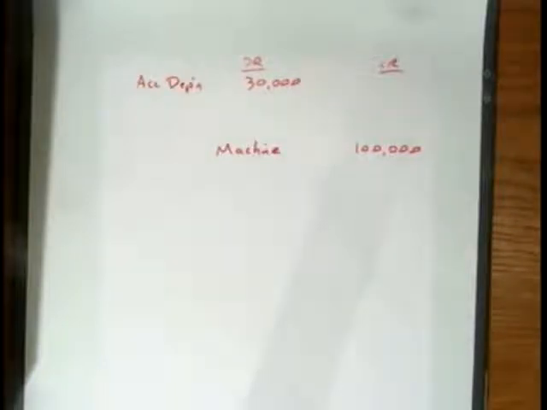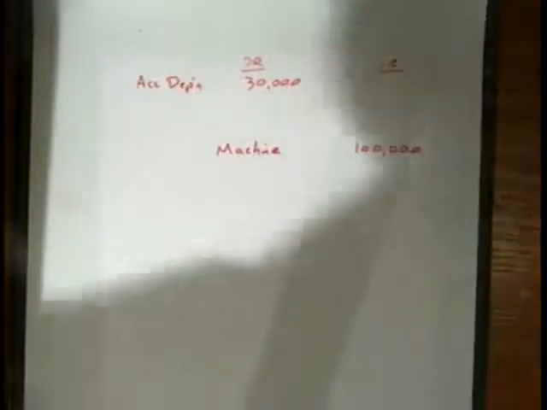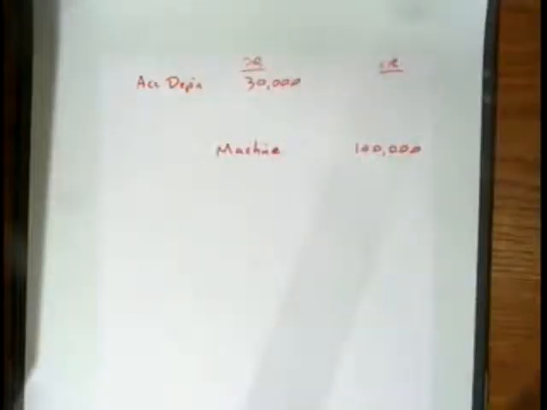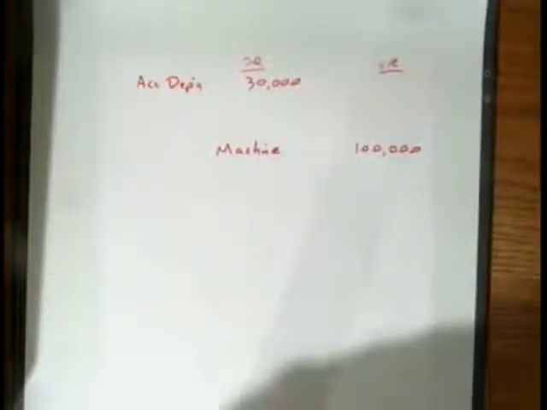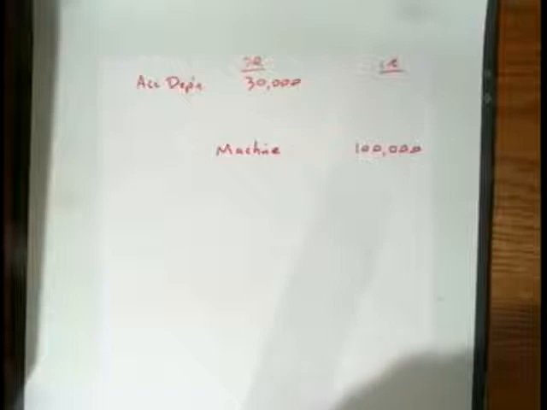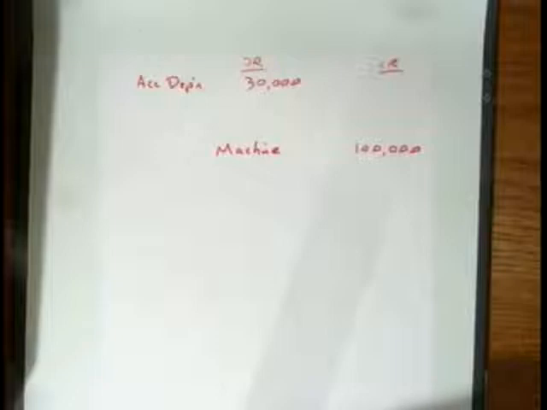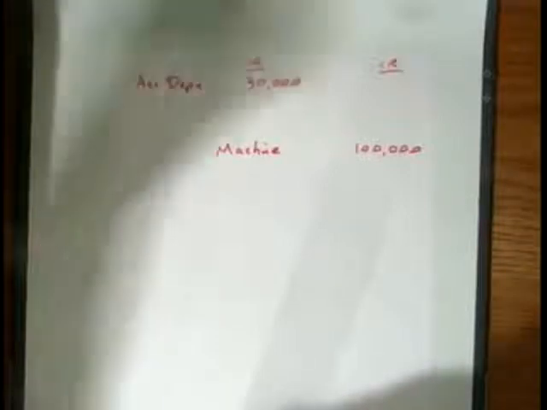Okay? All right. The next step is to record any cash given or received in regards to disposing of this asset. Now, what did we sell it for? We sold it for $60,000 cash, didn't we?